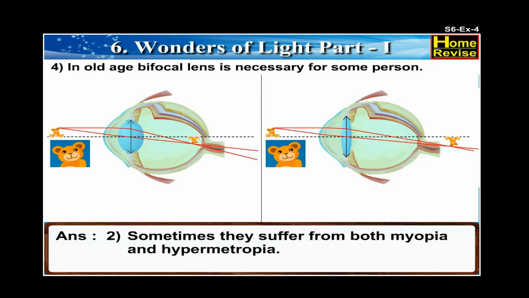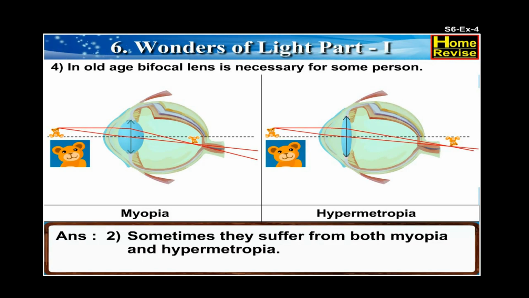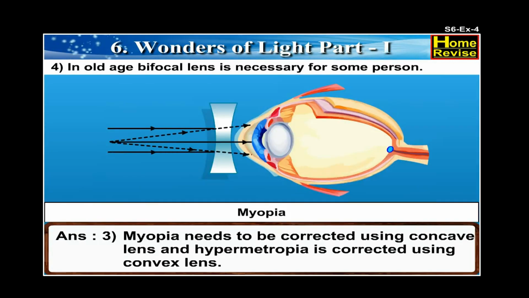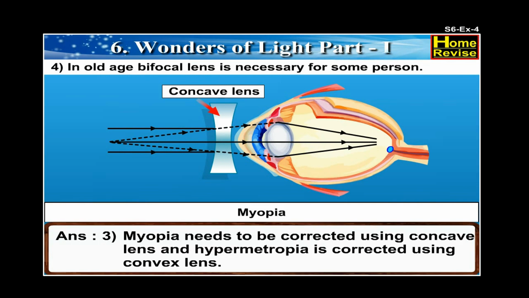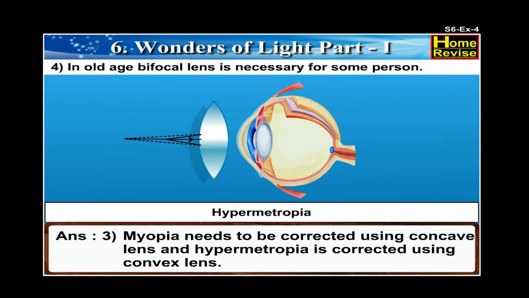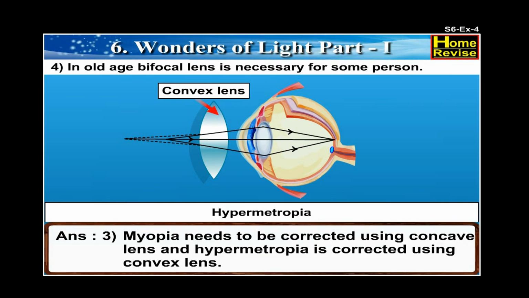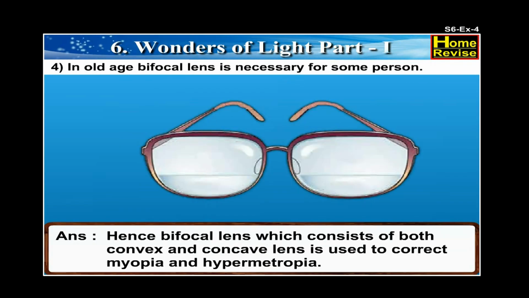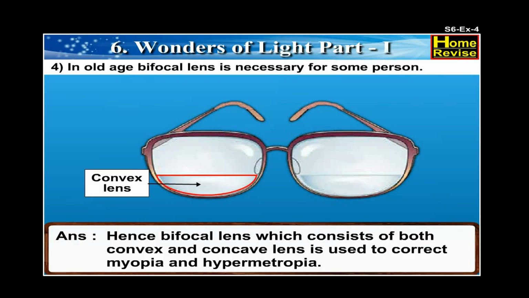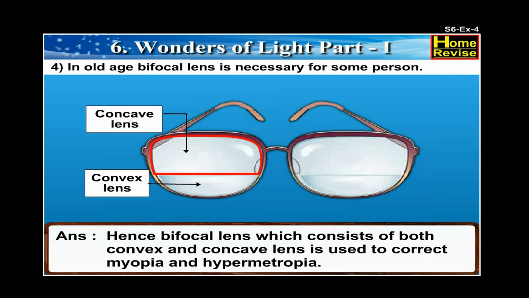Sometimes they suffer from both myopia and hypermetropia. 3. Myopia needs to be corrected using a concave lens. Hypermetropia is corrected using a convex lens. Hence, a bifocal lens, which consists of both convex and concave lens, is used to correct myopia and hypermetropia.